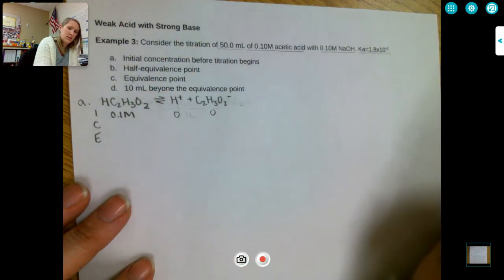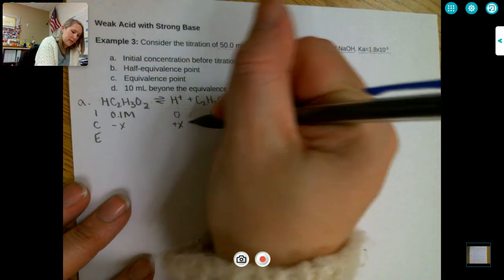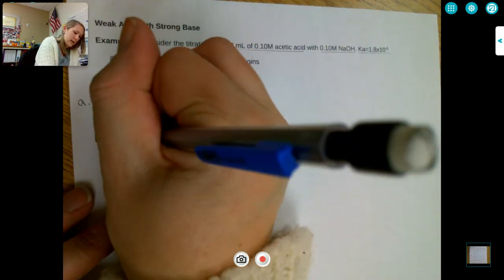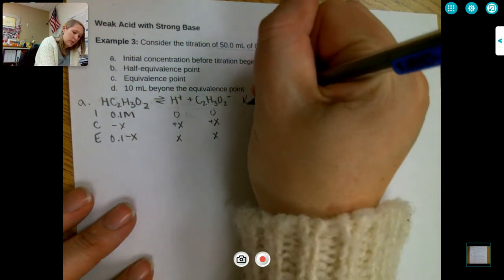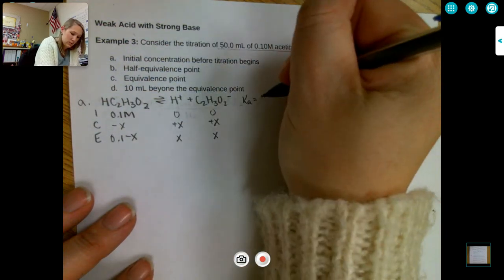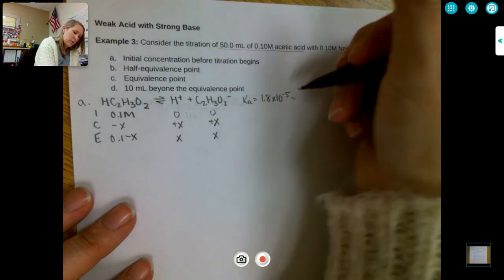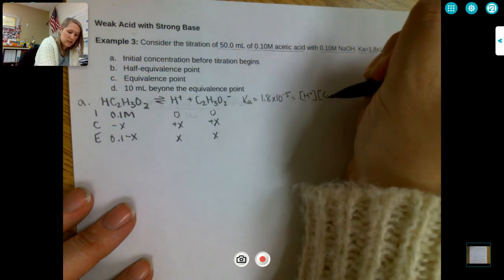It has not dissociated yet. So minus x, plus x, plus x. 0.1 minus x, but that's insignificant because it's a weak acid. We're told our Ka value is 1.8 times 10 to the negative 5. We know that Ka is products over reactants raised to their coefficients.